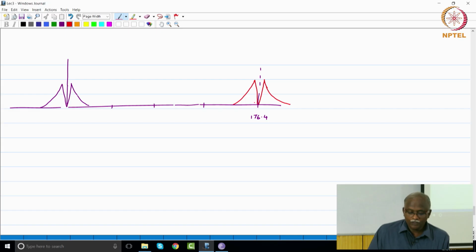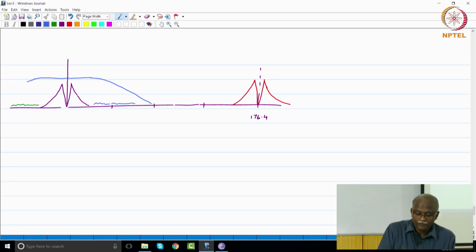Now, the first option that we have done is an anti-aliasing filter which is flat in this portion and then drops off up to here. So no aliasing will happen in the process of sampling at 176.4. There is some unwanted signal that is present here, because this is a filter that will go on this side as well.